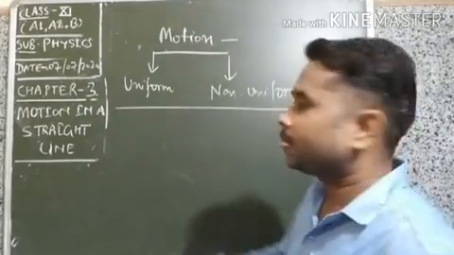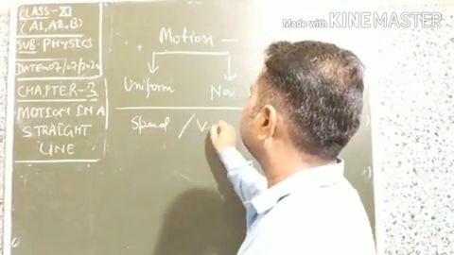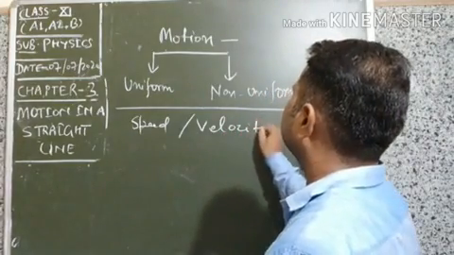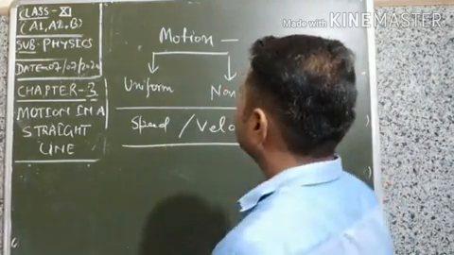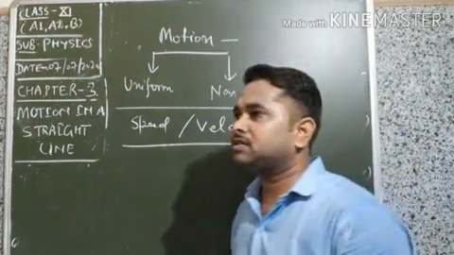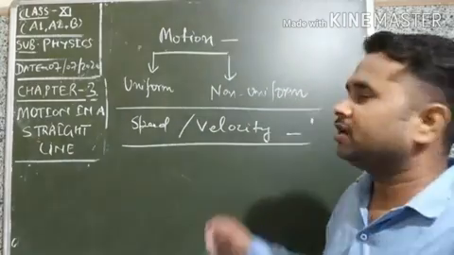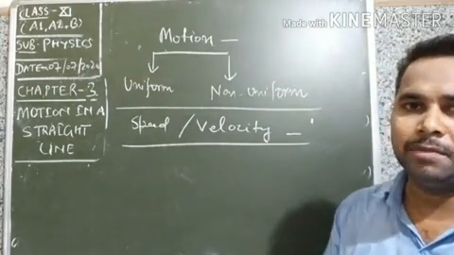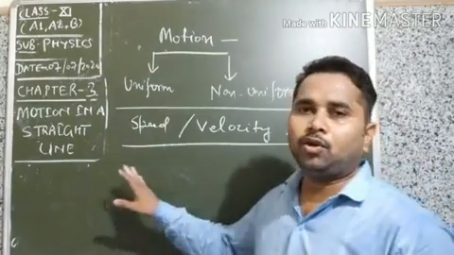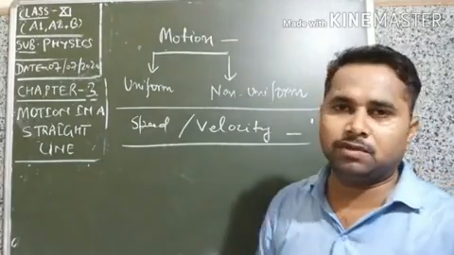Now for speed and velocity. Speed means the rate of traveling distance. The time rate of traveling distance of the body is called speed of the body.